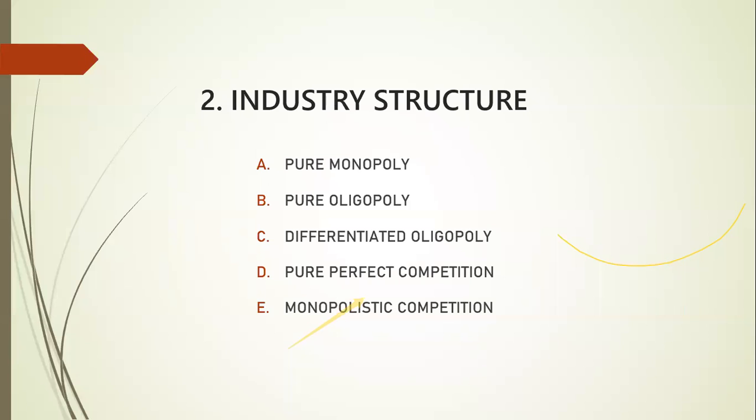Next is pure perfect competition. Right. In this pure perfect competition, you will not find any difference. There might be 5 or 6 companies. It can be an oligopoly market or it can be monopolistic. It can be few sellers or it can be many sellers. Irrespective of that, the product is 100% identical.